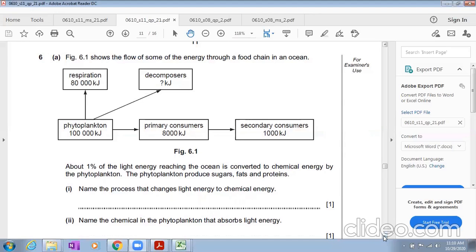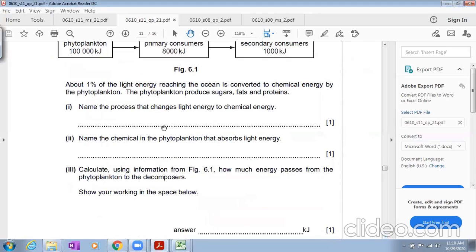Now let's move to another question. Name the chemical in phytoplankton that absorbs light energy. Chloroplast? Chlorophyll. Definitely it is chlorophyll, because they are asking about the chemical.